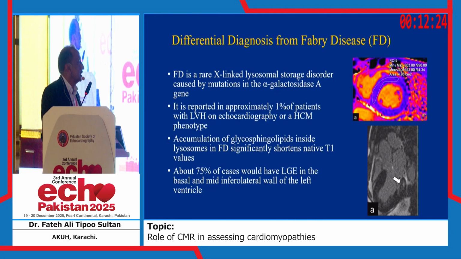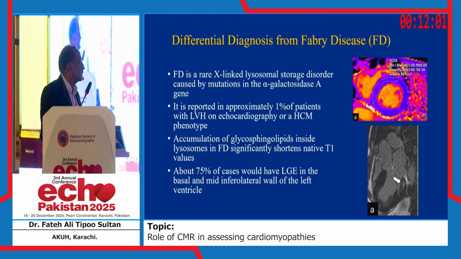Accumulation of glycosphingolipids inside the lysosomes in Fabry's disease significantly shortens the native T1 values. So with T1 mapping we can differentiate between hypertrophic cardiomyopathy and Fabry's disease, because in Fabry's disease the T1 values are significantly shortened, while in hypertrophic cardiomyopathy they are increased.